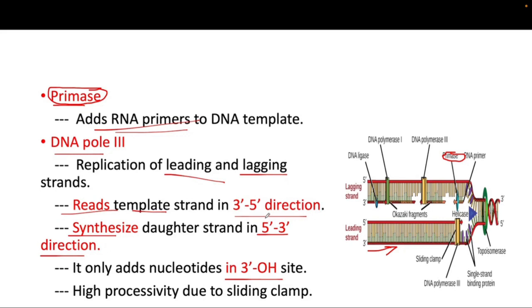To prevent this, there is another class of protein known as a sliding clamp. The sliding clamp is present there, and it prevents the DNA polymerase from hopping off the parental strand. So due to this sliding clamp, DNA polymerase 3 has a higher processivity.